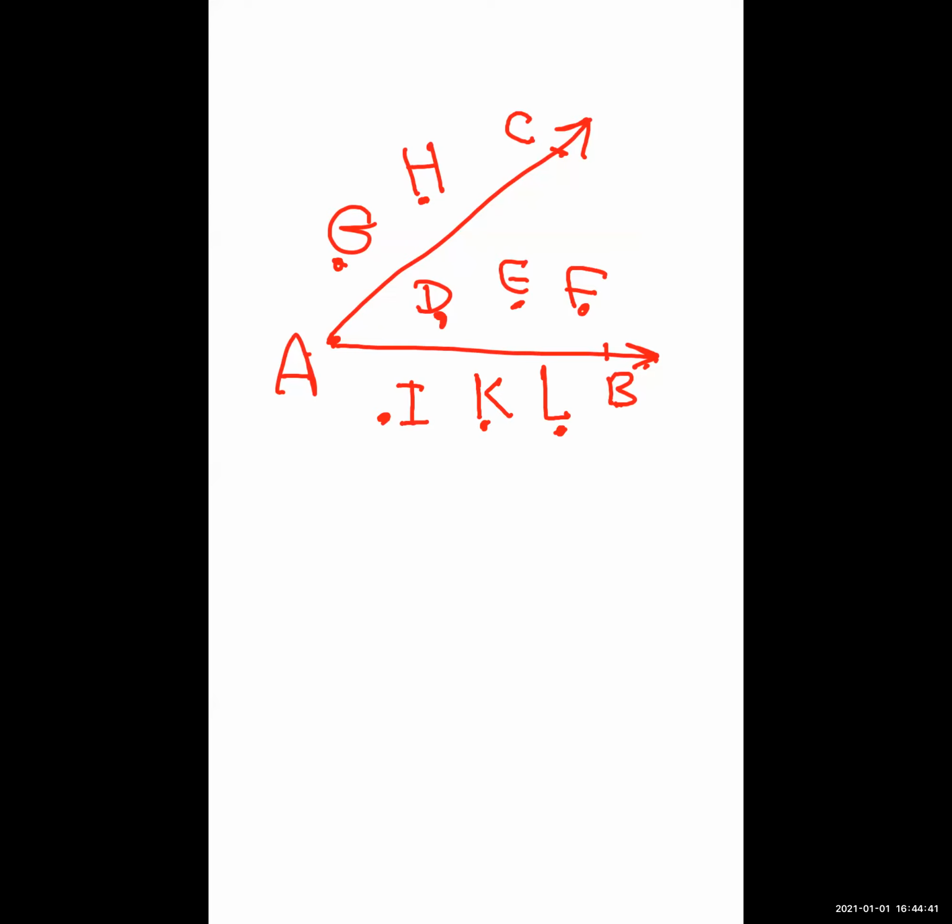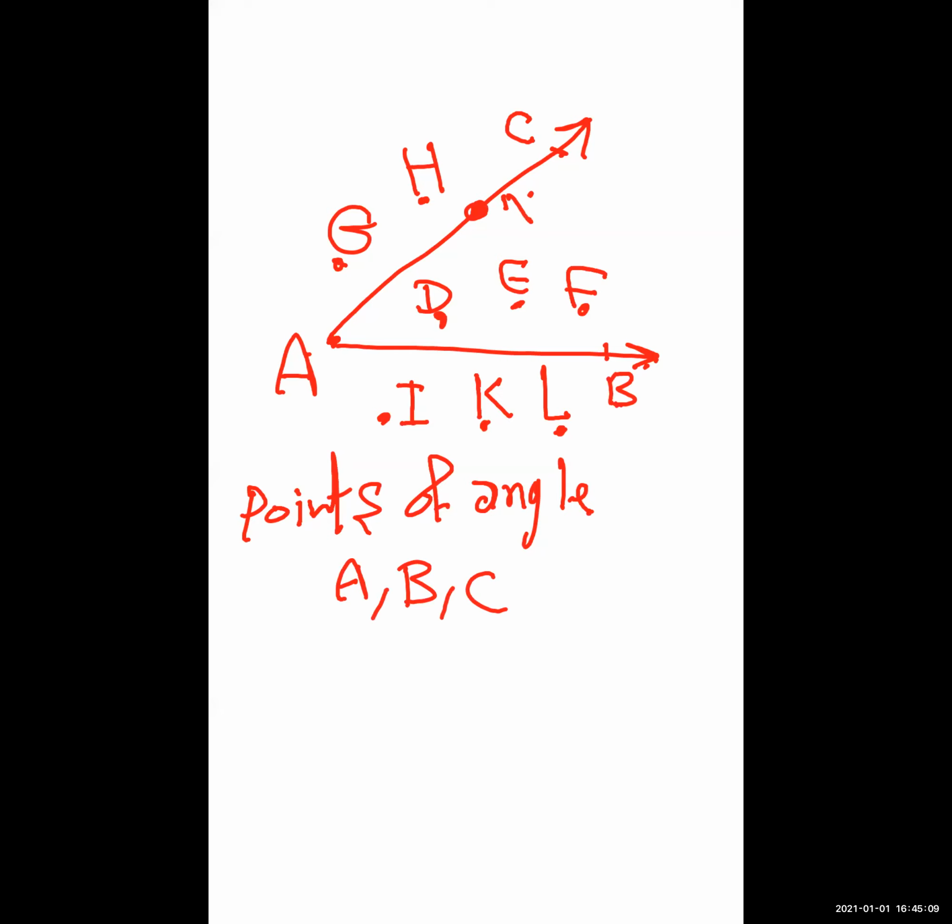The first one is the set of points of the angle, which lie on the two rays of the angle, like A and B and C. If there is also one more point here, X, for example, and here one more point on this ray, like Z, so also Z. So the points of the angle are A, B, C, X and Z. I mean all the points which lie on the two rays, or the two sides, of the angle.